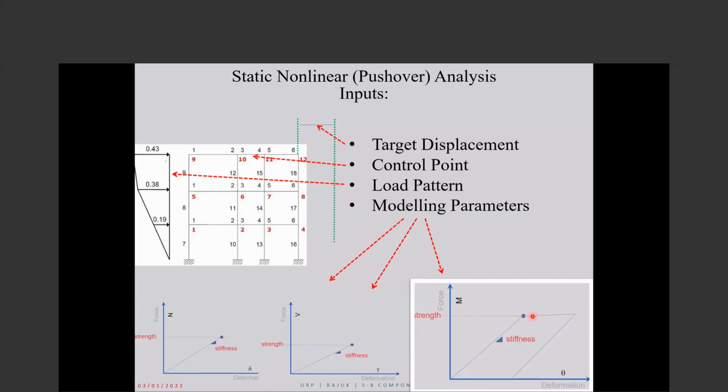So if this passes the yielding point and the stiffness becomes almost zero, it becomes a mechanism.